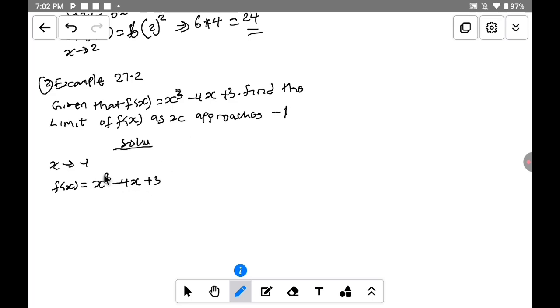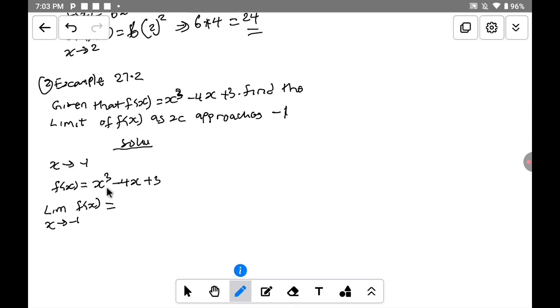Now, to get the limit of this function as s tends to minus 1, that is the limit of f of s, is equal to.